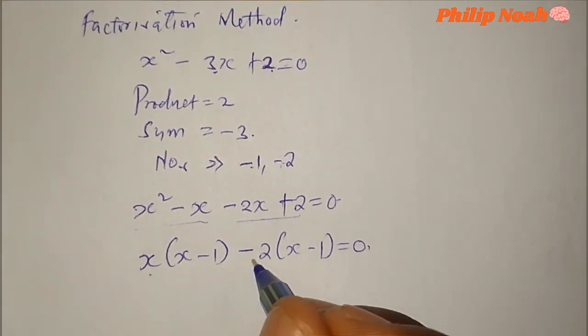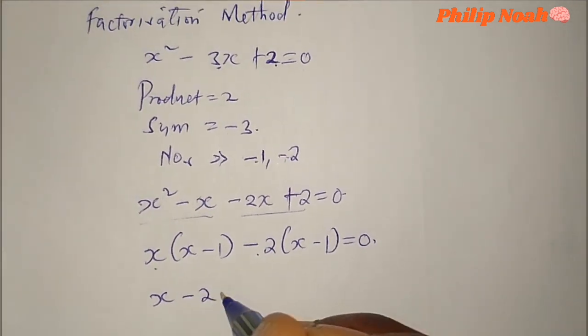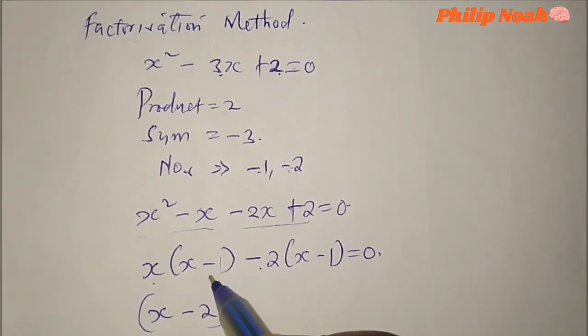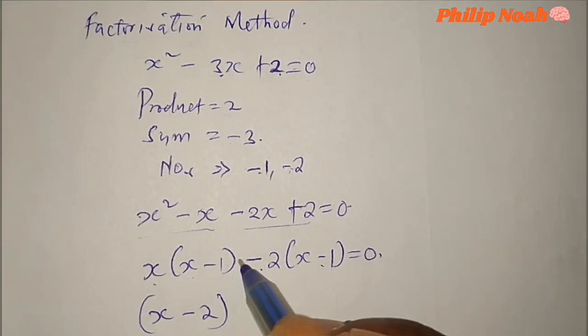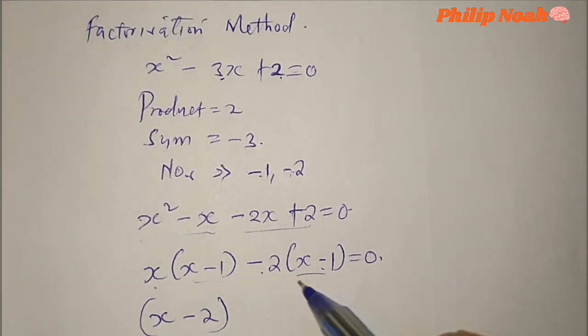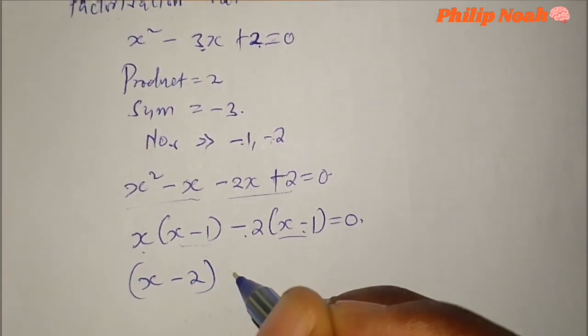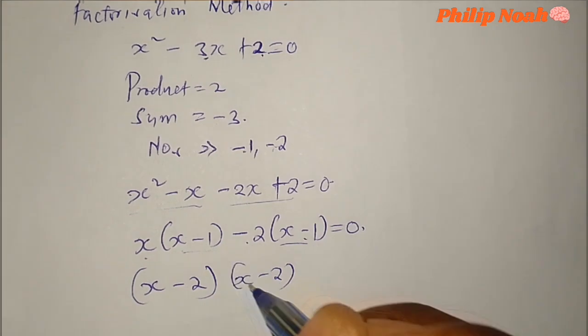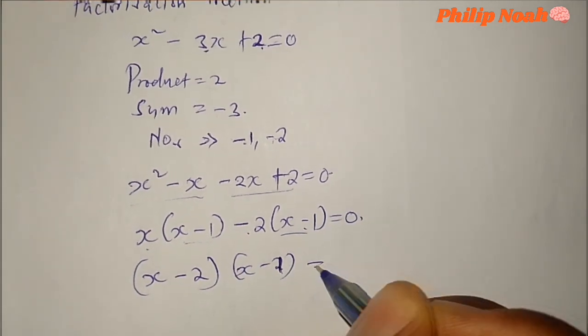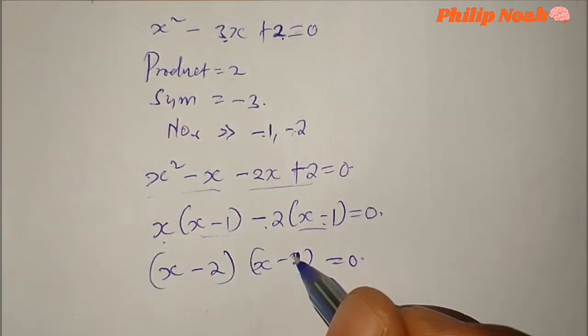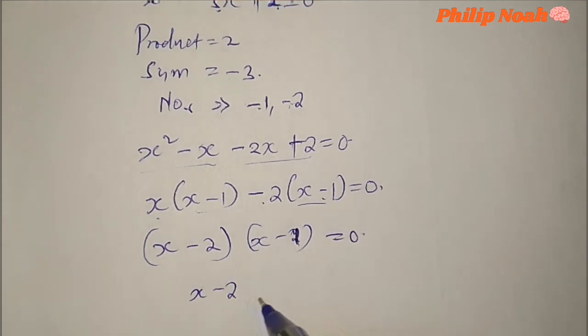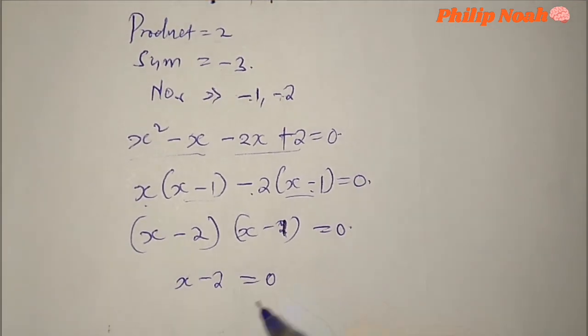So we take this and this, we have x minus 2. Then we take one of these, since they are the same: x minus 1 is equals to 0. So x minus 2 is equals to 0.